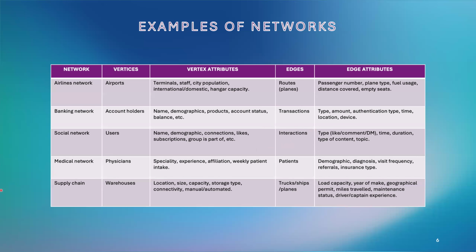we could have the type of the transaction, the authentication type, the time and location, the device used, and so on. Maybe the most common network, or let's say the most intuitive one that we deal with on a daily basis is the social networks, where the vertices are us, the users, and then the attributes are our names or nicknames, if you will, the demographic we are part of.